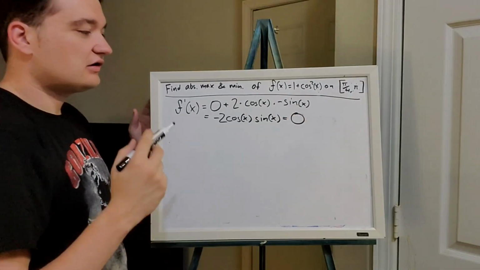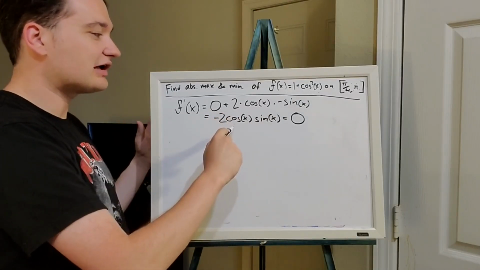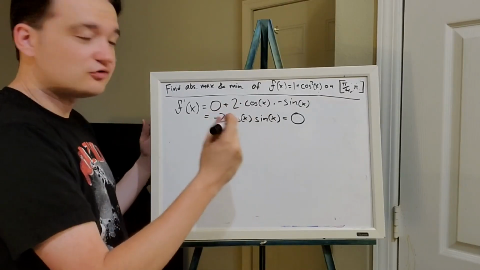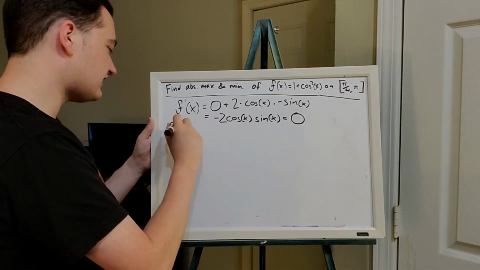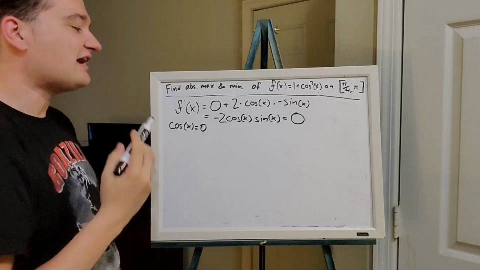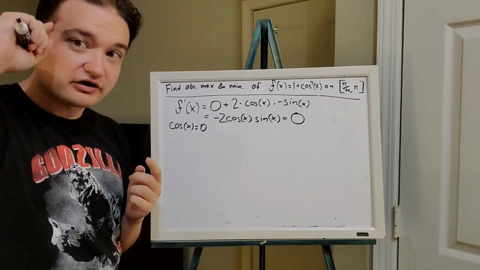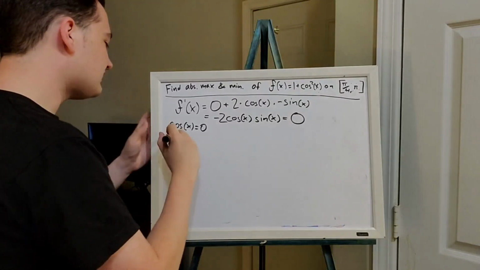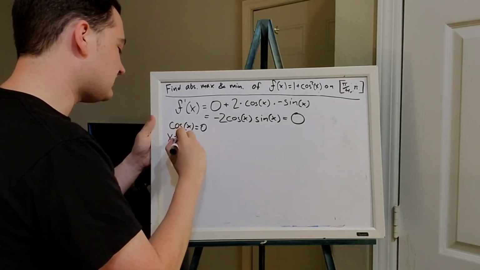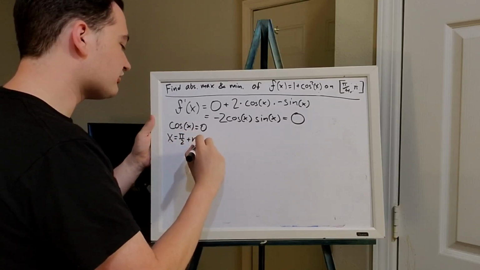Now, we can break this up into two parts. This equals 0 if the cosine or the sine equals 0. So let's break that up. Cosine of x equals 0. What x values have a cosine of 0? If we think back to our unit circle, we know that x is going to be pi over 2 plus multiples of pi.